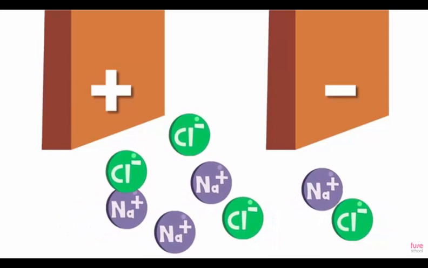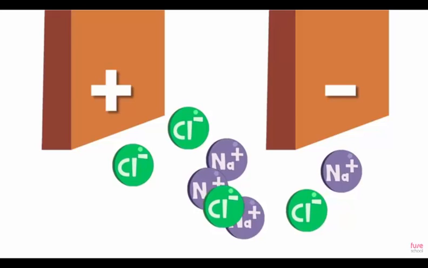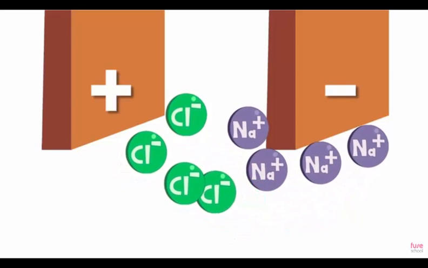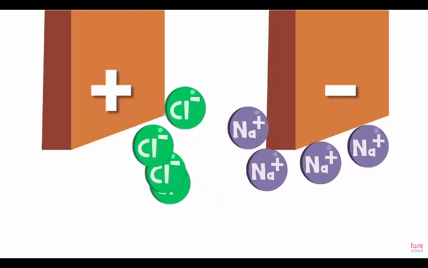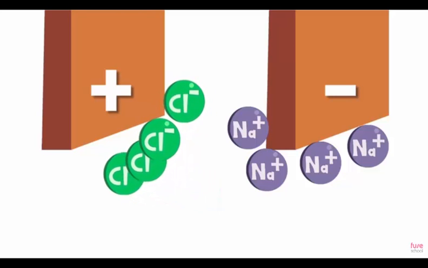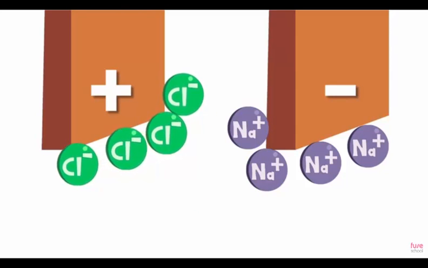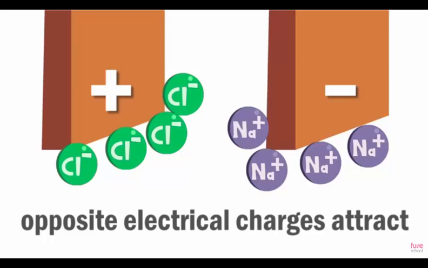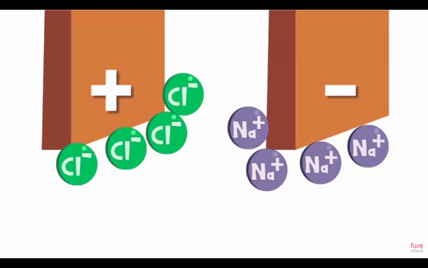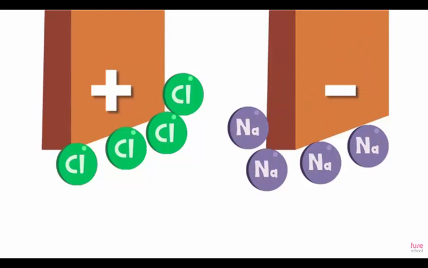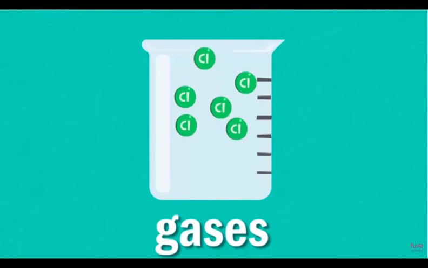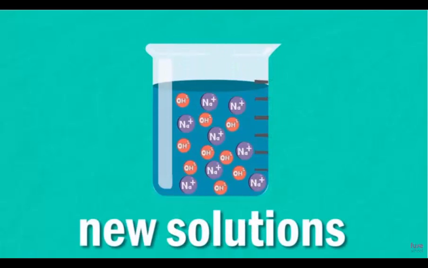Anything positively charged in the liquid, in this case the sodium ions, is going to be attracted to the negative electrode. And anything negatively charged, in this case the chloride ions, is going to be attracted to the positive electrode. This is because opposite electrical charges attract. When the ions meet the electrodes, electron exchange happens, and this triggers a chemical reaction. Solids can form, gases can be given off, and new solutions can be left behind.